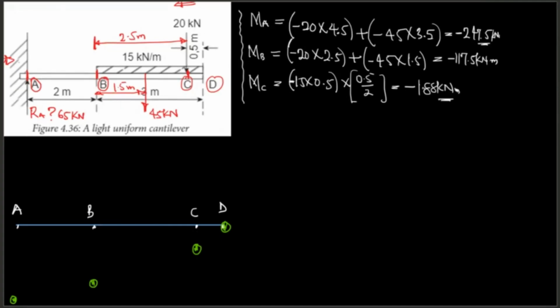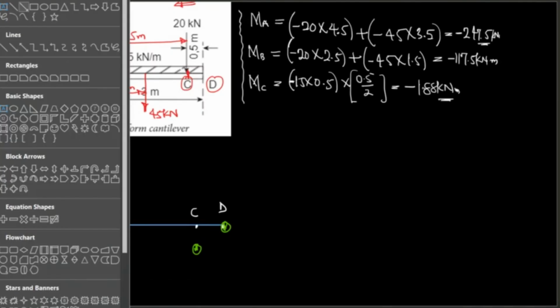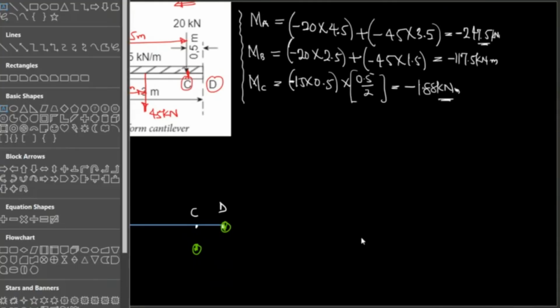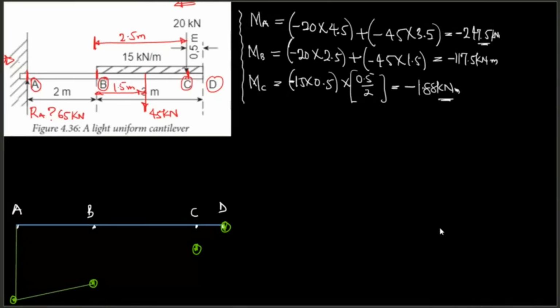So with this one, you just draw a straight line. Draw another straight line to join this point and this point. Okay, so the rest is going to be concave up, B and C. I didn't draw this according to scale.